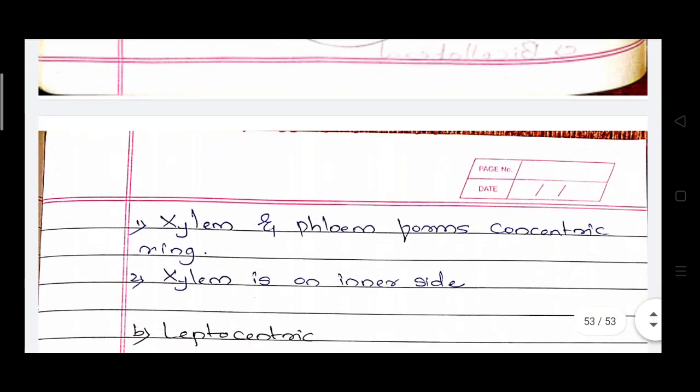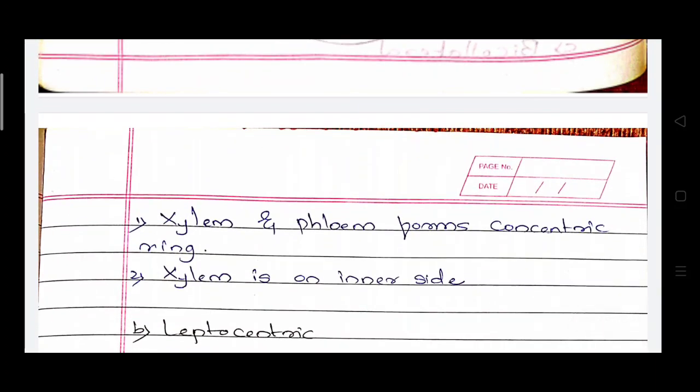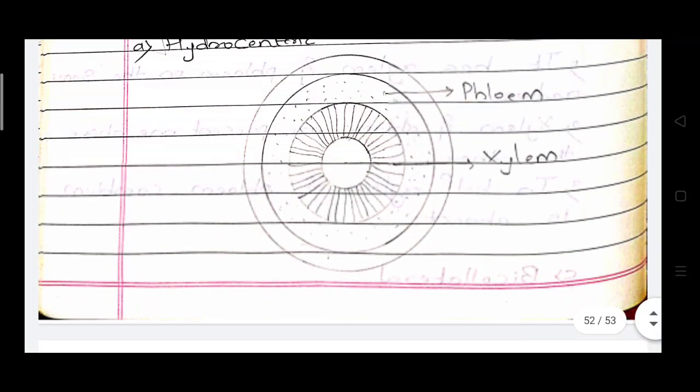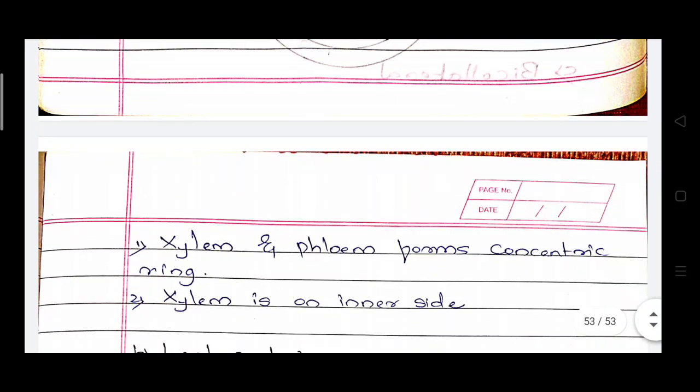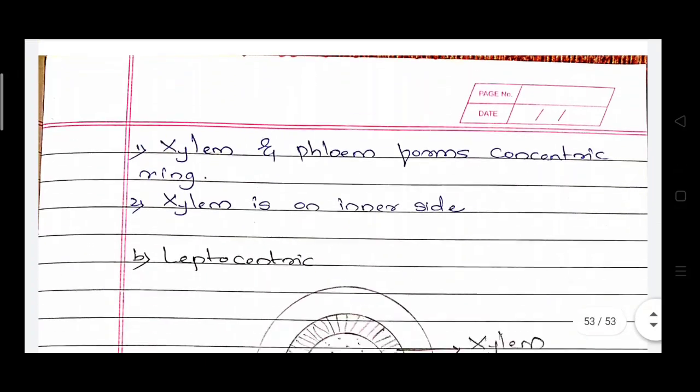The xylem and phloem form a concentric ring, and the xylem is present at the inner side. This type is known as hydrocentric.